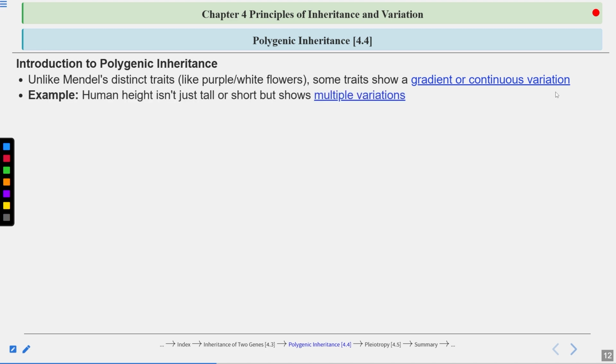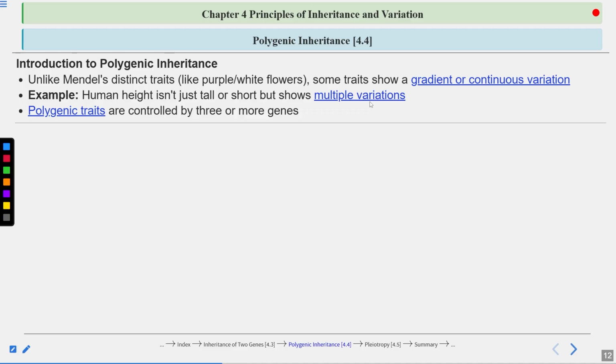An example is human height. Humans are not just tall or short; they show multiple variations: 5 feet, 5.1, 5.2, 5.3, 6 feet. This is known as continuous variation, or gradient. There is a range of phenotypes. Now, what are polygenic traits? Polygenic traits are traits controlled by 3 or more genes.